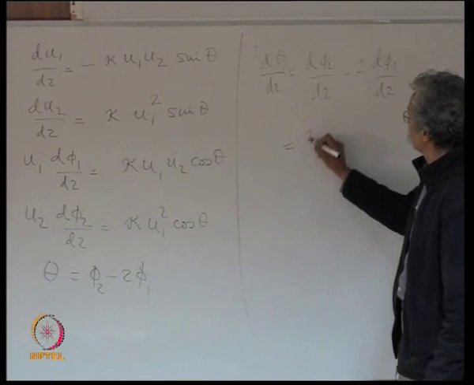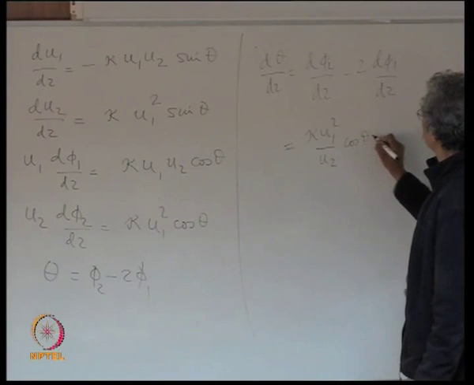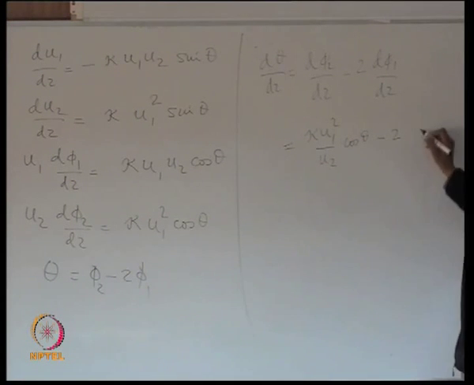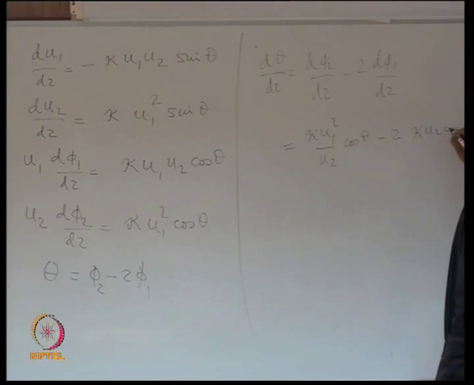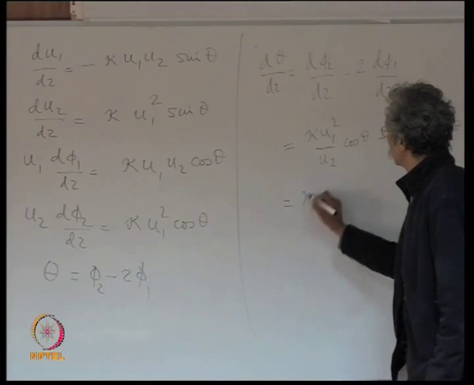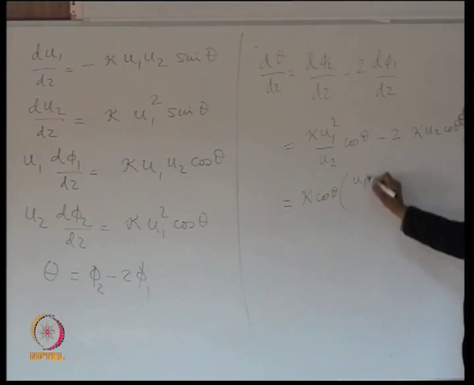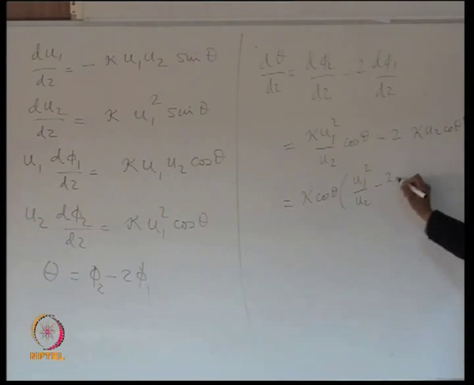This is equal to kappa u1 square by u2 cos theta minus 2 kappa u2 cos theta. So this is equal to kappa cos theta into u1 square by u2 minus 2u2. It's a mathematical trick that I am going to use just to solve these equations. So I get d theta by dz.